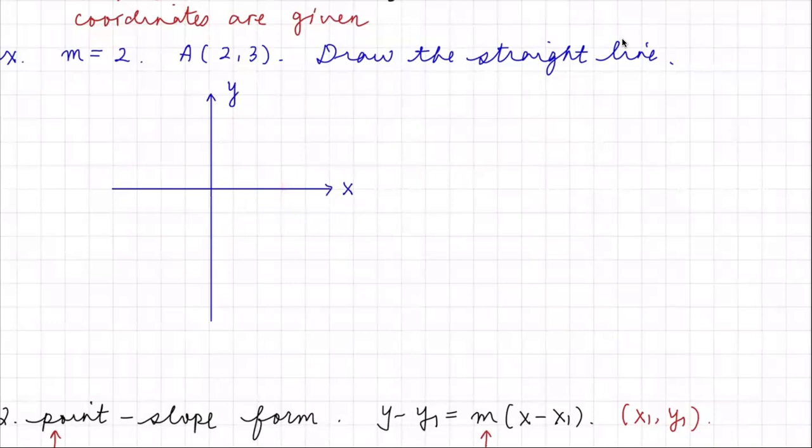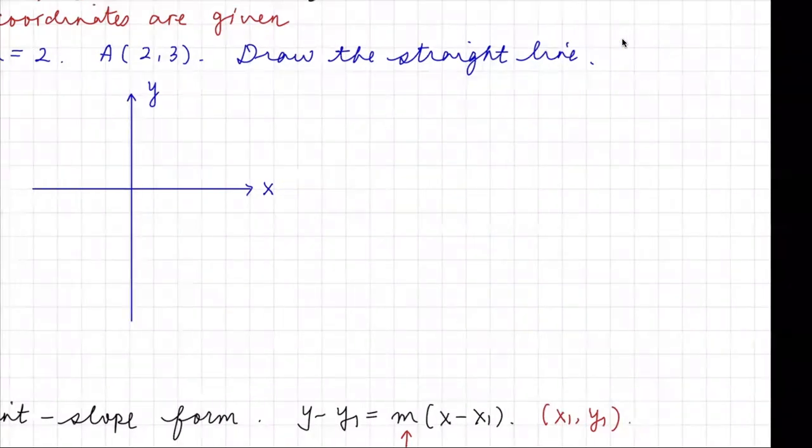Like I said, the first step, if you're given a point and the slope of a straight line, is always to find the point in the plane. Let me write it here. Step 1: find 2, 3 in the plane.